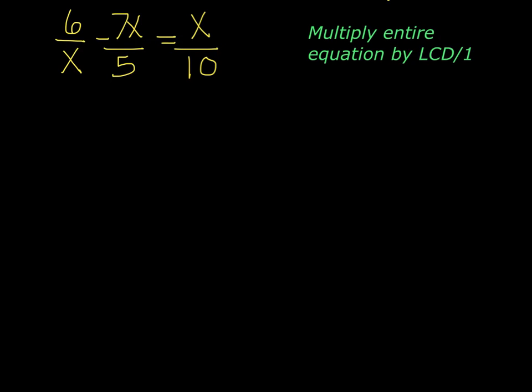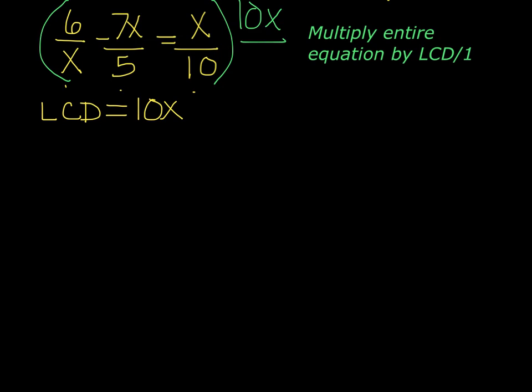So for this one, our denominators are x and 5 and 10. So our lowest common denominator is going to be 10x, because 5 does go into 10. So I'm going to multiply every single thing in this equation by 10x over 1. That means you have to distribute it to all the pieces.